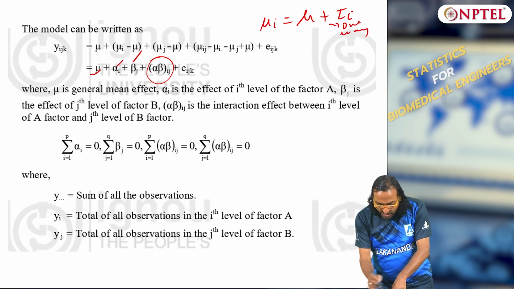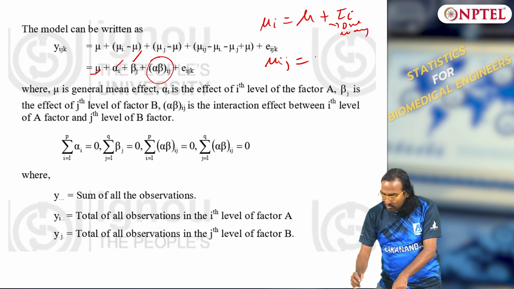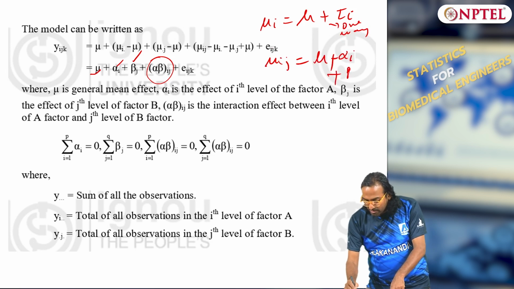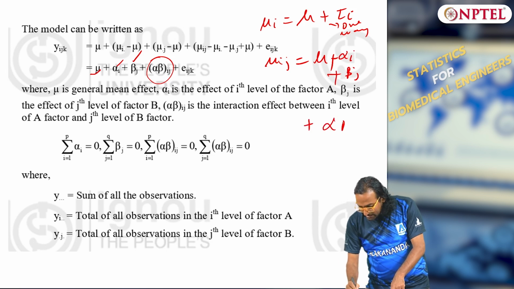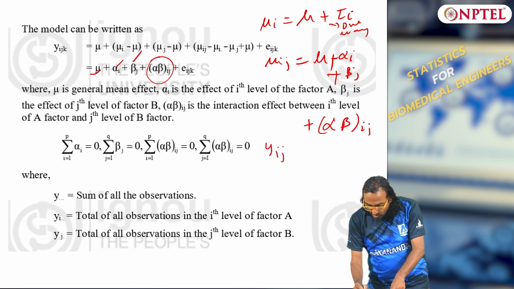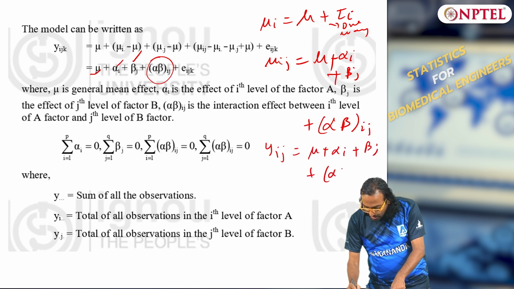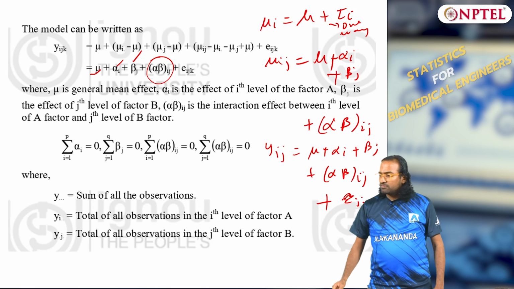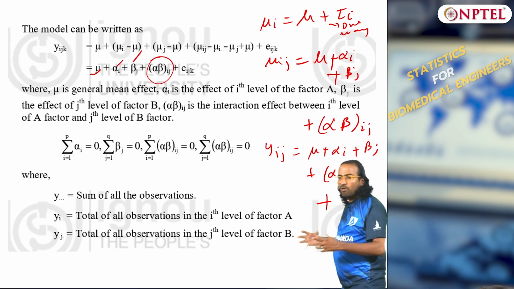So mu Ij equals mu plus alpha I, factor 1, beta j, then I have to give rise to interactions, that is alpha beta Ij. And then Yijk is nothing but mu plus alpha I plus beta j plus alpha beta Ij plus noise Eijk. Clear? The two way ANOVA model.